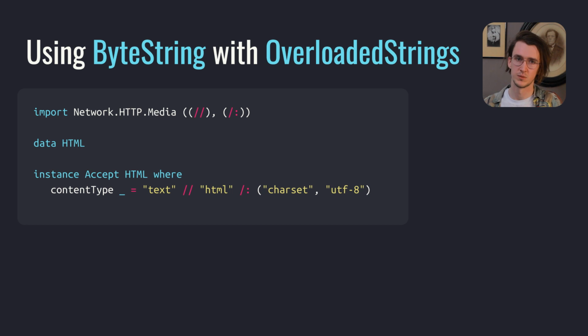For example, if we use Servant and decide to serve HTML and not just plain text or JSON, we have to add a custom content type for returning HTML. First, we declare the data HTML, and then we write an instance for it. We write HTTP media type headers.